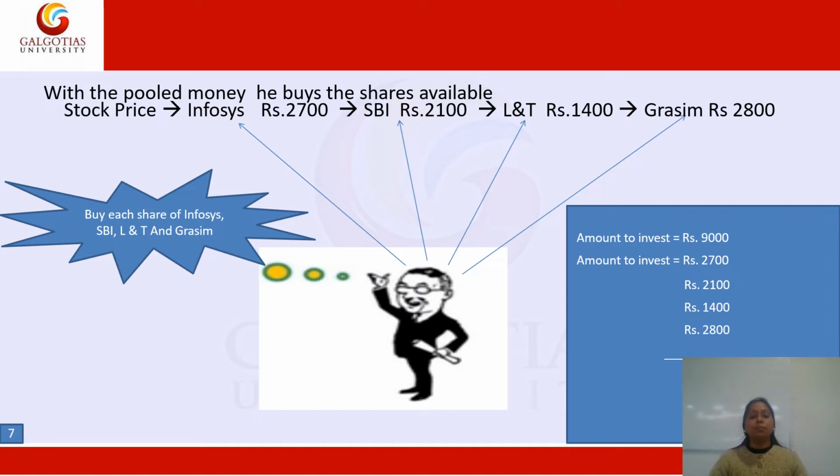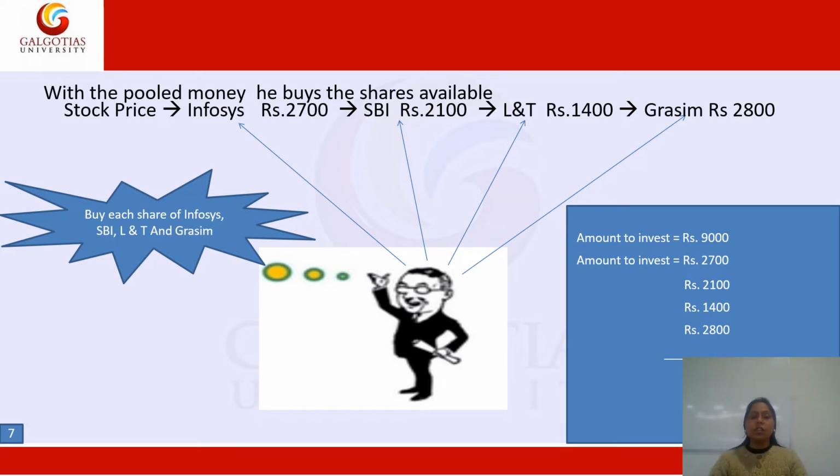Since the fund manager has all the information and the depth of the market, he would decide and spend accordingly the money of the different small investors. The ultimate promise of the fund manager is to give returns to the small investors. So this is how small investors can also generate money with the help of mutual funds.